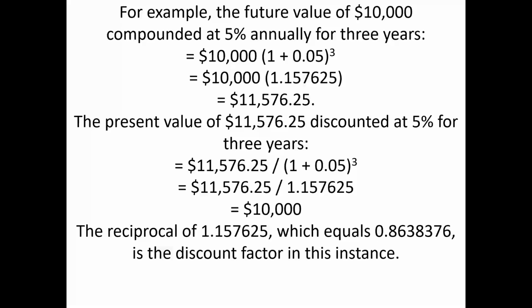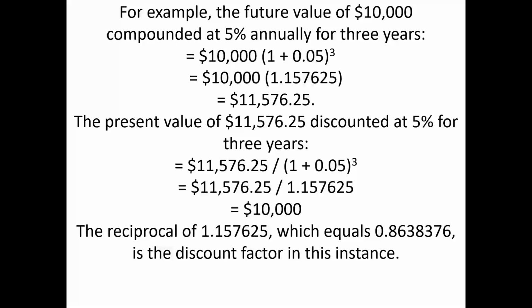And the present value of 11,576.25 dollars, that is in reverse. Okay, we are going in reverse. So 11,576.25 discounted at 5% for 3 years. Again we are checking whether our formula is accurate or not.